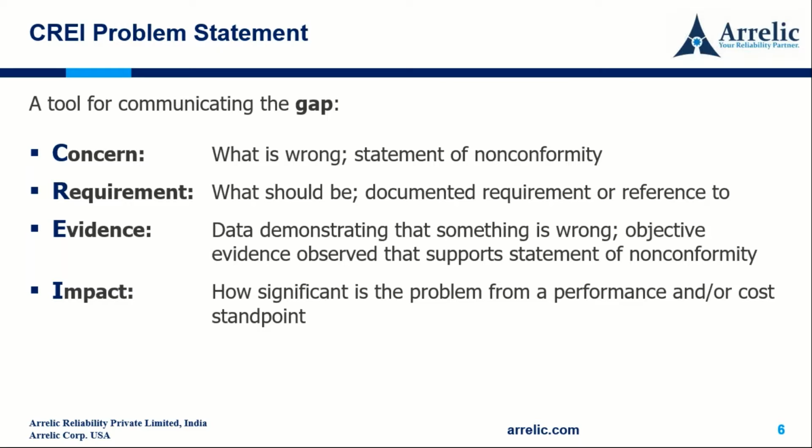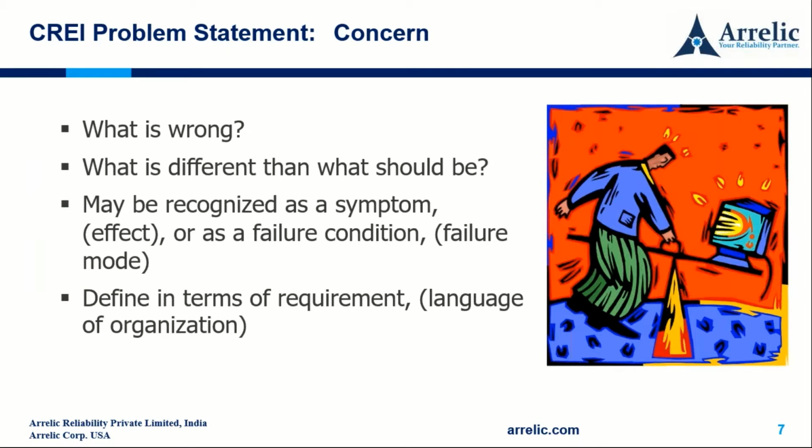Objective evidence observed that supports a statement of non-conformity. And the impact is how significant is the problem from a performance and or cost standpoint. So you need to know these four things. What is wrong?